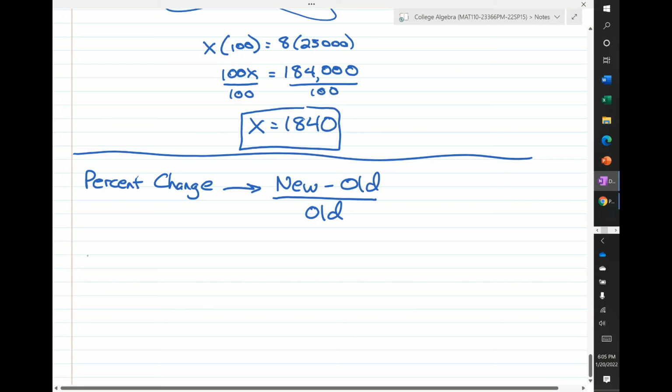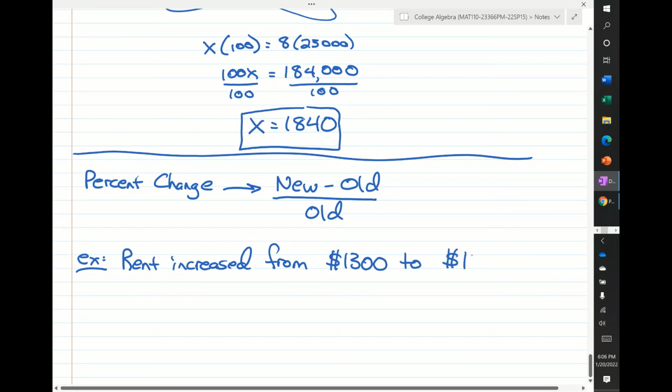Let's do a couple examples here. Let's say rent increased from $1,300 a month to $1,380.